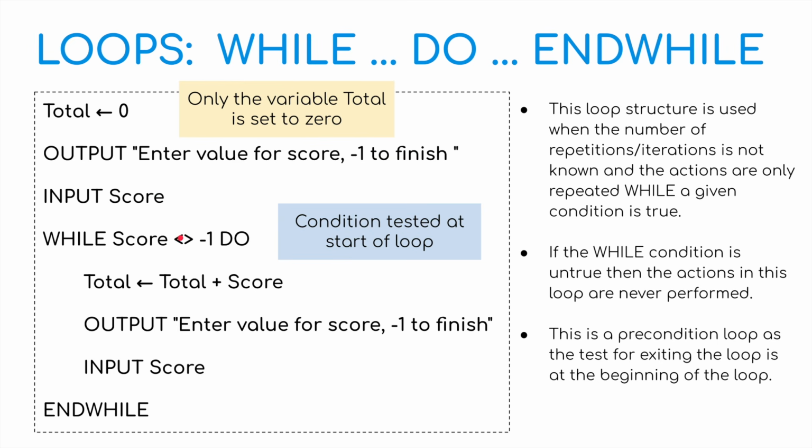So while the score is not equal to -1, do this loop, until somebody types in the score of -1, and then it will end the while loop. So that's now putting the -1 within the loop. Okay, this is a pre-condition loop, as the test for exiting the loop is at the beginning of the loop.